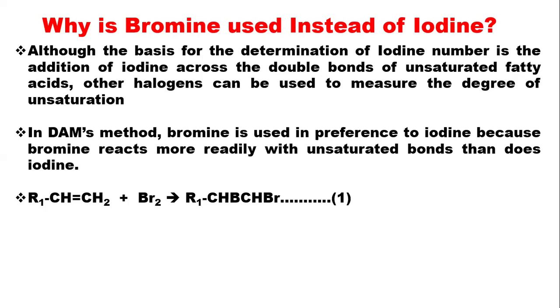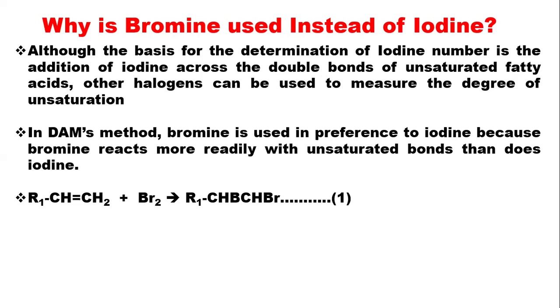This solution is made by measuring 1 gram of your lipid sample and dissolving it in 150 mils of chloroform. So that is the solution of your lipid in chloroform that you are going to use for the experiment.